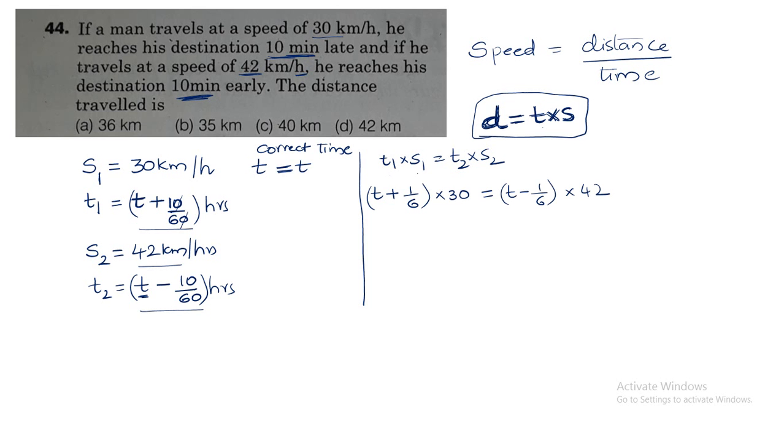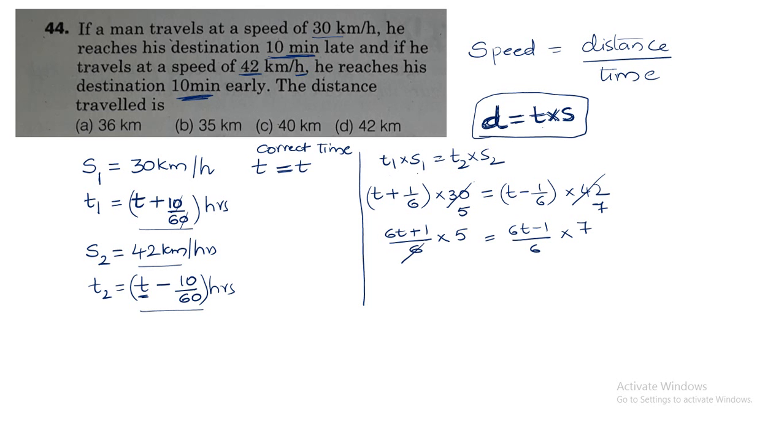So when I take LCM, this becomes 6t plus 1 whole divided by 6 into 30, which I can cancel out in the 6 table: 6 5s. Next, this is 6 7s. So here (6t plus 1) by 6 into 5 is equal to (6t minus 1) by 6 into 7.